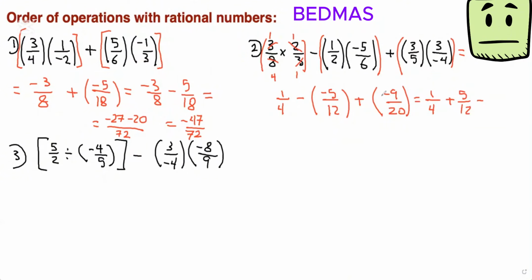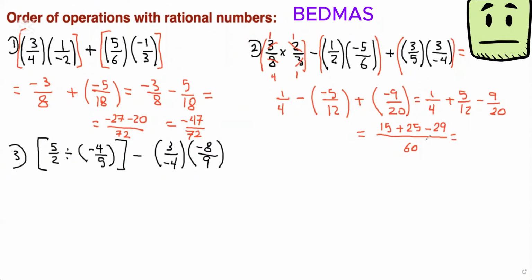And positive and negative opposite signs give me -9 over 20, which gives me the common denominator here is going to be 60. 60 divided by 4 is 15. 15 times 1 is 15. Plus 60 divided by 12 is 5. 5 times 5 is 25. And then 60 divided by 20, still have the minus there. 60 divided by 20 is 3. 3 times 9 is 27.